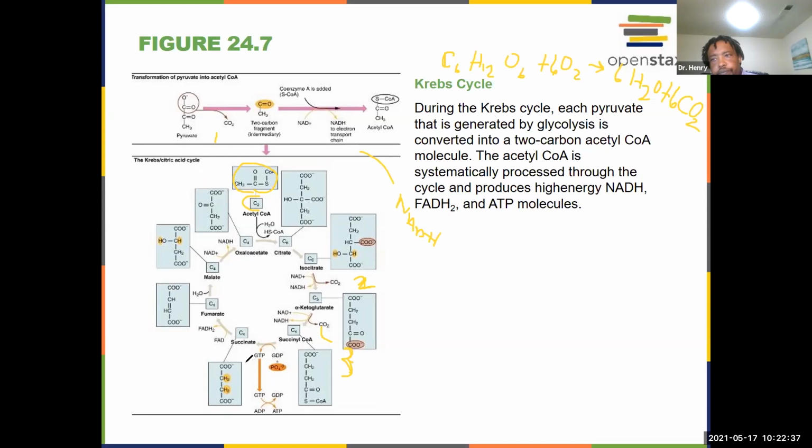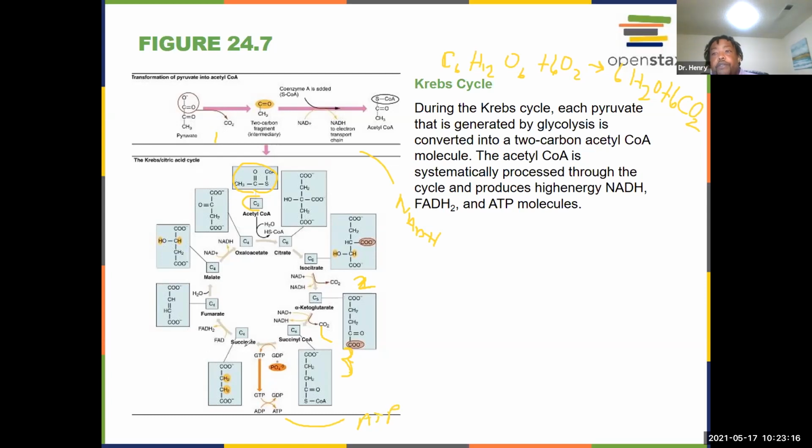So then succinyl-CoA is going to use the process of going from GDP plus a phosphate to make GTP. And then that's going to be utilized to make ATP because we're going to transfer that phosphate from GDP to ADP to make ATP. So then we get the production of an ATP.